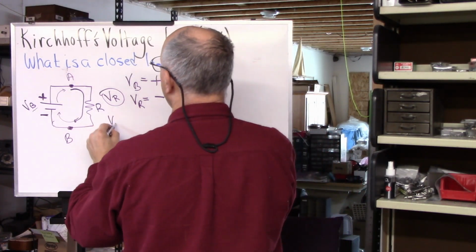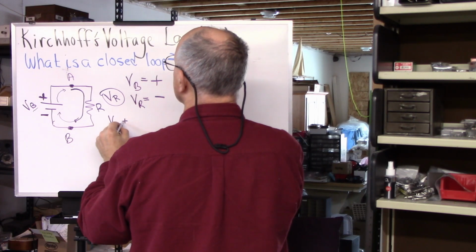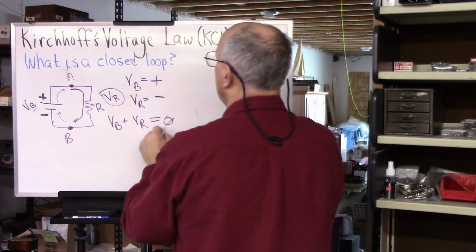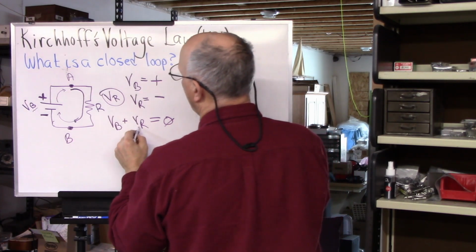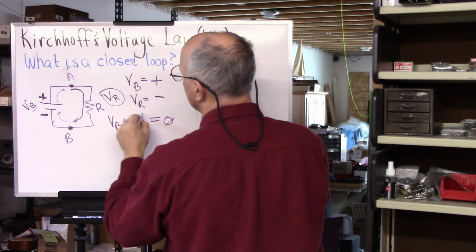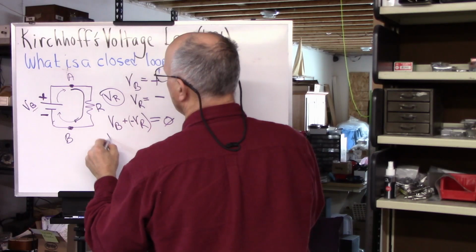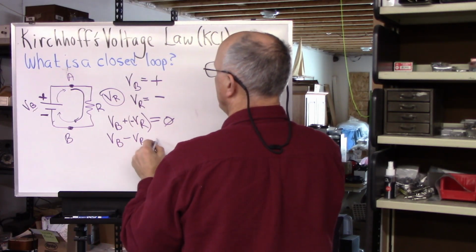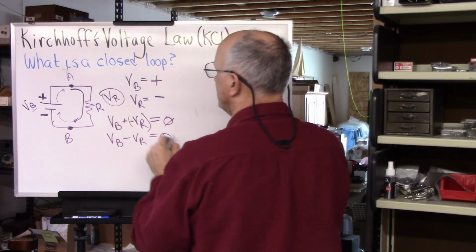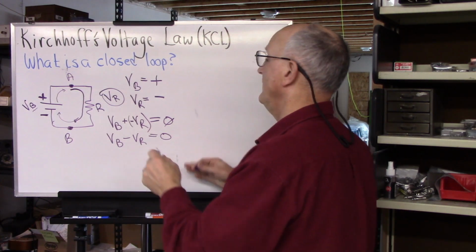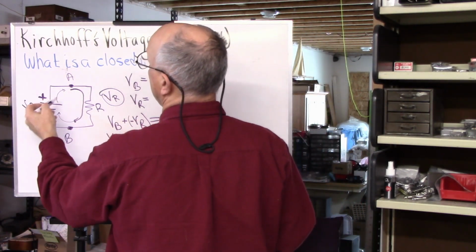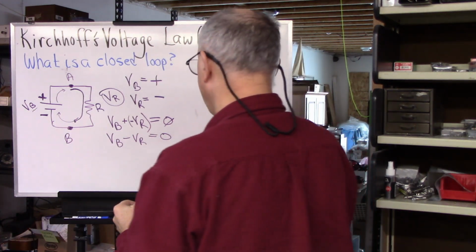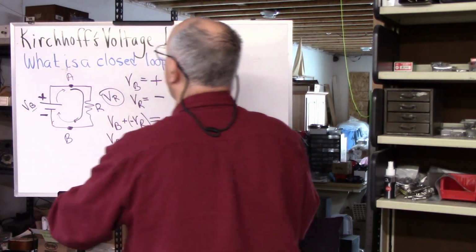So VB plus VR must equal 0. And because VR is negative, this comes out VB minus VR is equal to 0. And in this case, you can see that VB and VR have to be the same value.